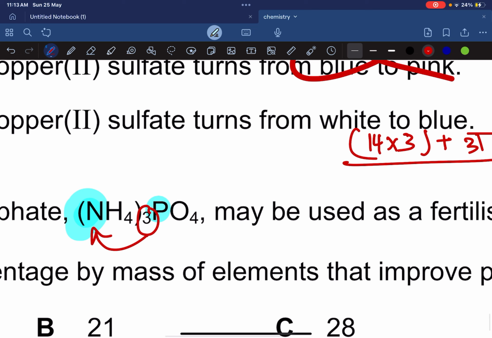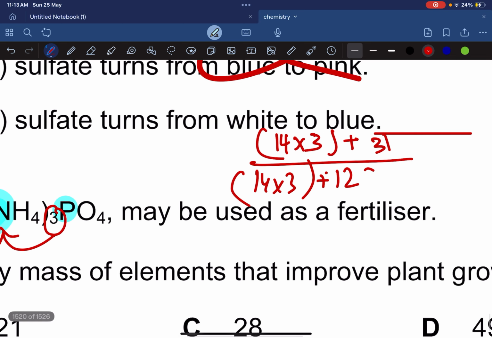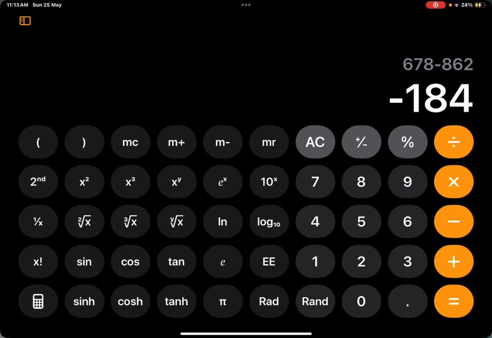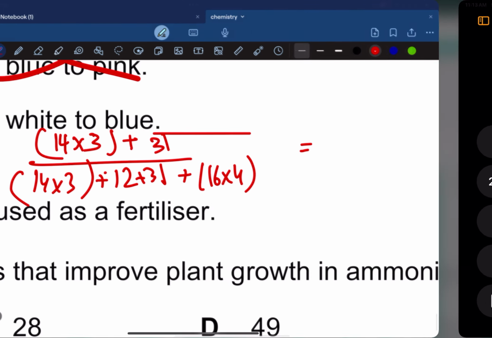The total mass is going to be, first for nitrogen, 14 times 3. Then for hydrogen, 4 times 3, so plus 12. And plus phosphorus, it's going to be 31, plus oxygen 16 times 4. So first let's get the above mass, which is 14 times 3 plus 31, 73.